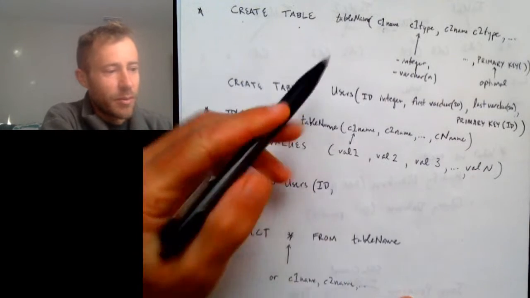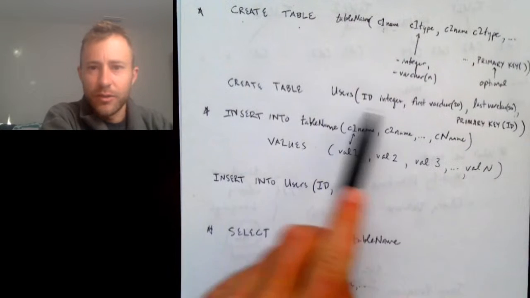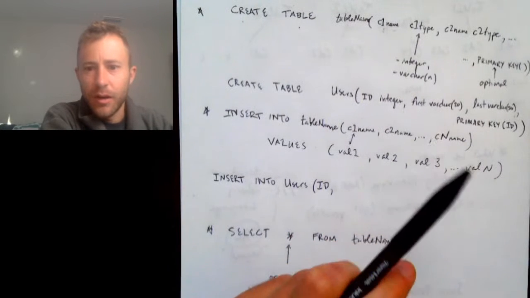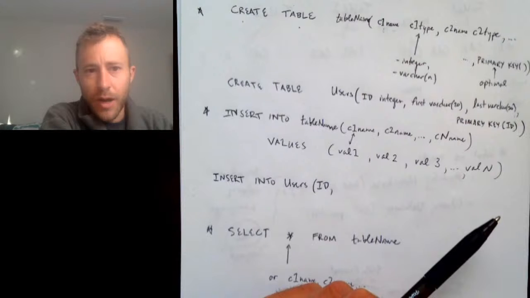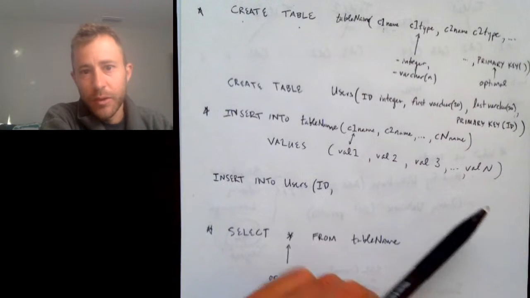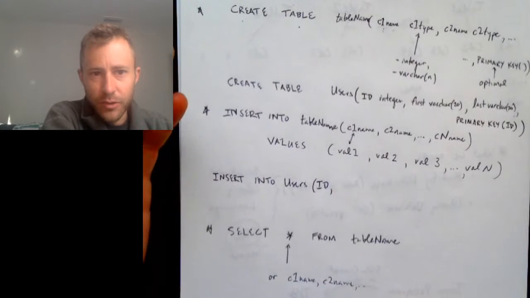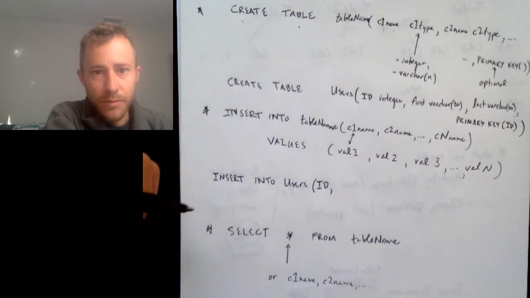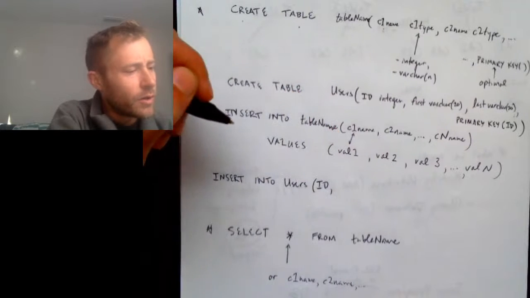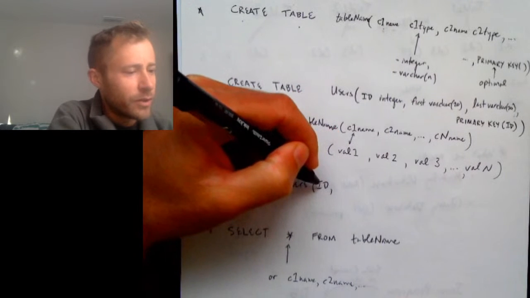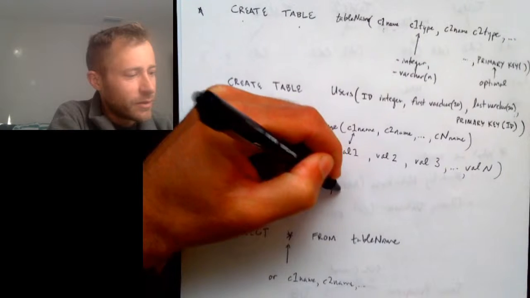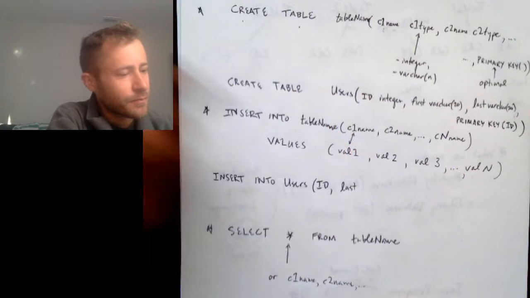Keep in mind that this example table has 3 columns. We don't have to insert into all of them. If we just don't list that particular column, then it's just going to be filled in as null. Okay. So I'm just going to do ID and then the last name.